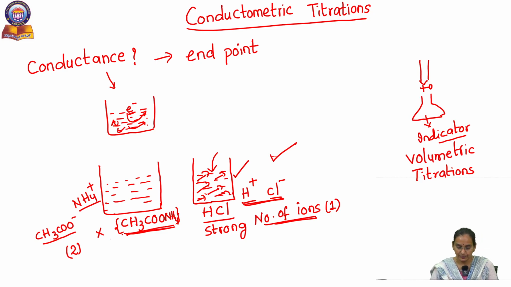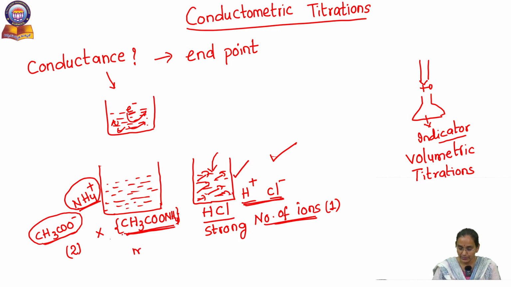because even though it has an equal number of ions, coming to the bulkiness of the ions, the size of the acetate ion and ammonium ion is more when compared with H plus and Cl minus ions, so they can't move faster in the solution.